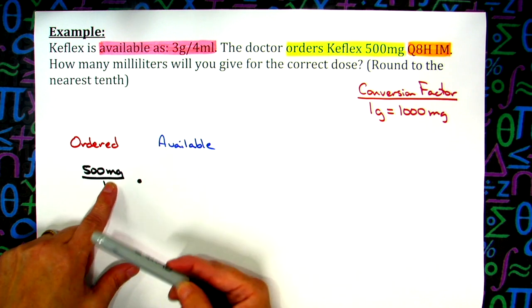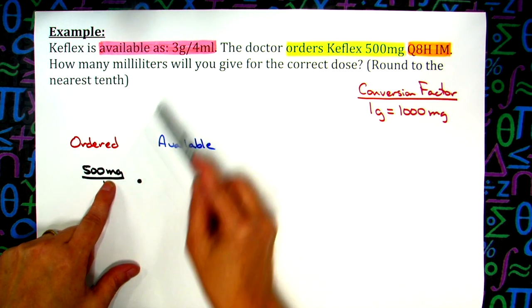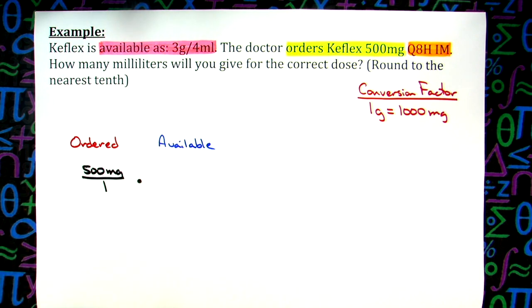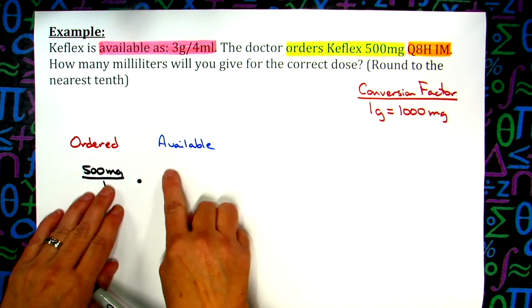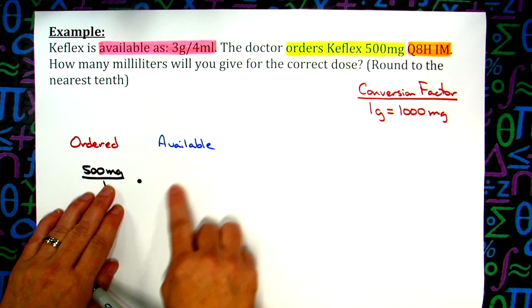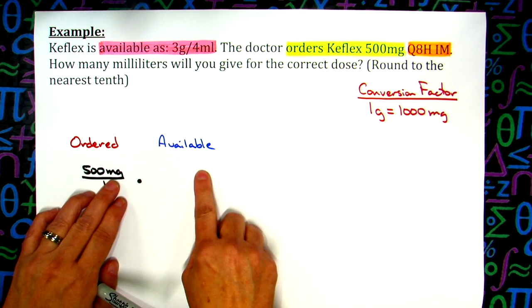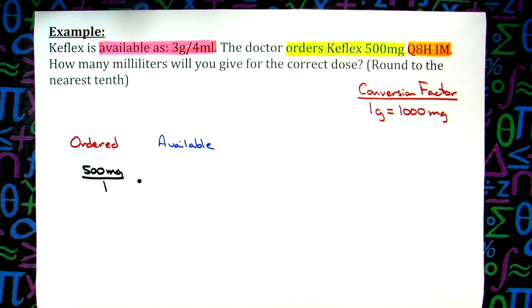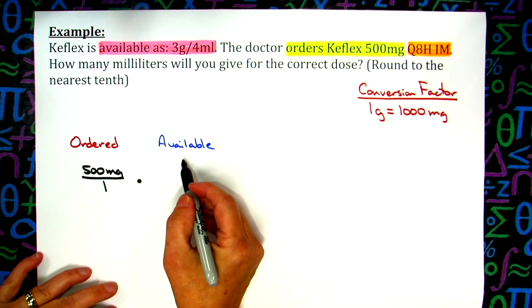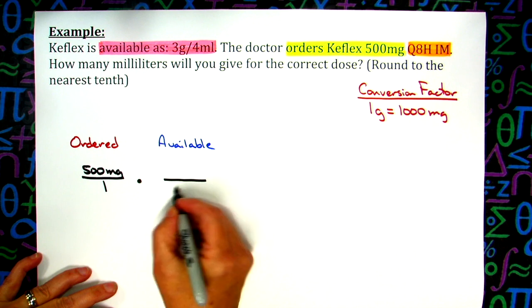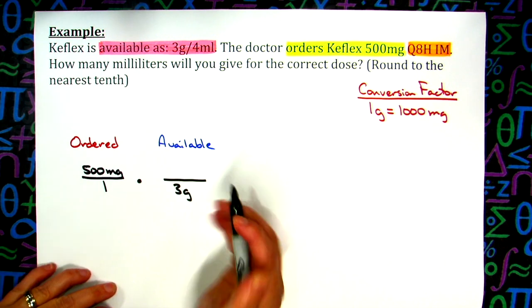I am going to ultimately need both milligrams and grams to cross out. So if they are in the same spot, if I write 3 grams over 1 milliliter, the grams and the milliliters are both on the top. I'm not going to be able to cross them out. So when I choose to write what's available here, I'm going to choose to put the 3 grams on the bottom.